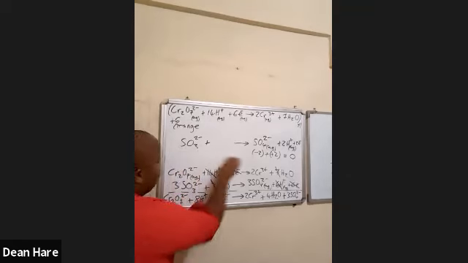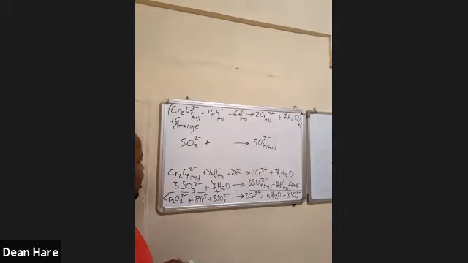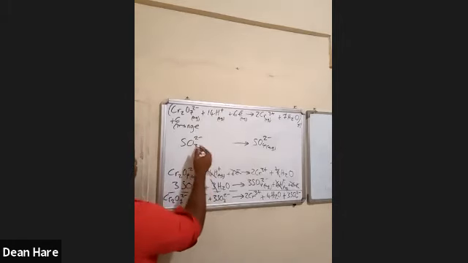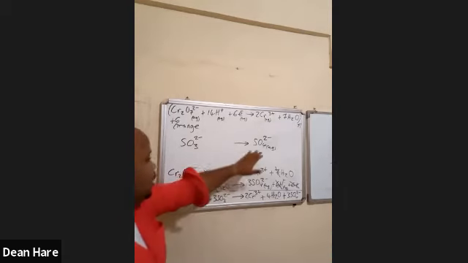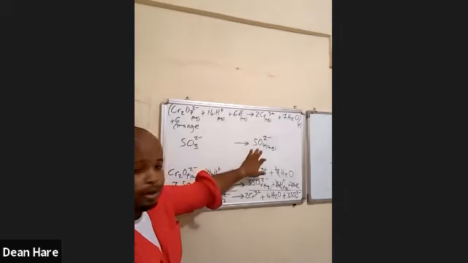So let me just clear up here. So this is how our equation started out, the sulfite ion being oxidized to the sulfate ion.